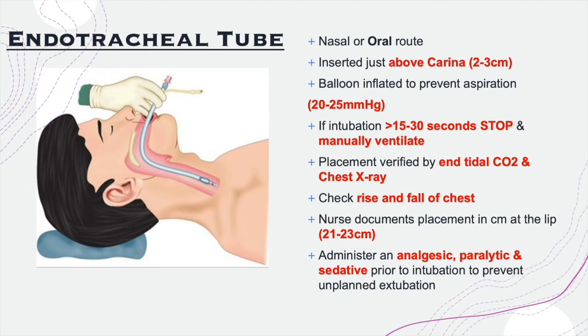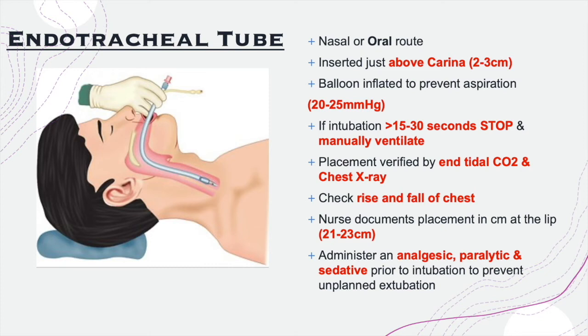Now, the tube should be inserted just above the carina. The carina is the bottom portion of the trachea that separates the left and right bronchi, and we want it 2 to 3 centimeters above it. Now, why 2 to 3 centimeters, you may ask? Well, this is due to the fact that the right bronchus is wider than the left one, and we don't want to accidentally intubate the right bronchus over the left.